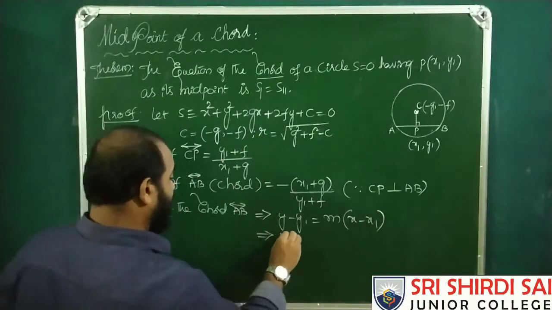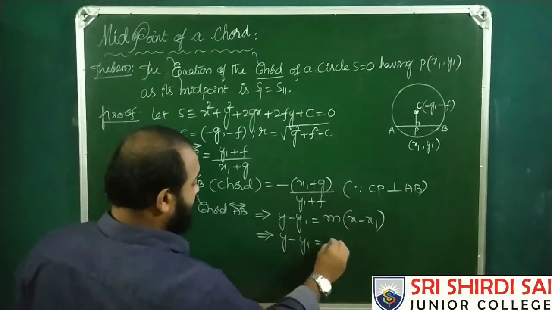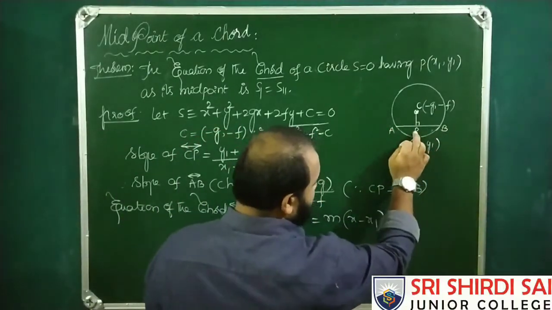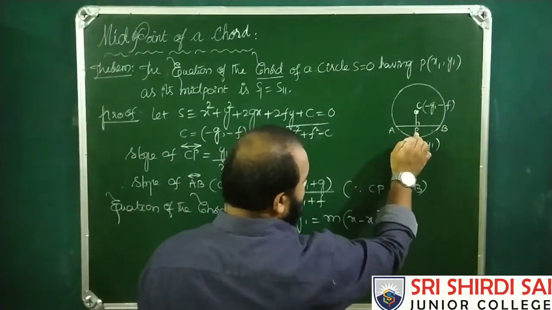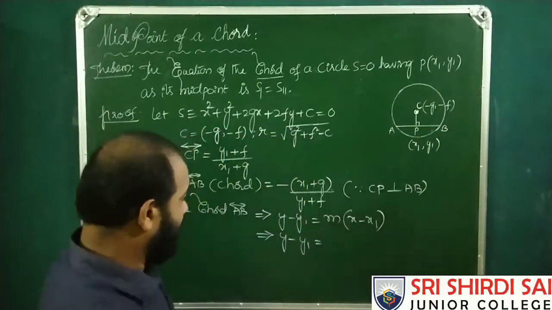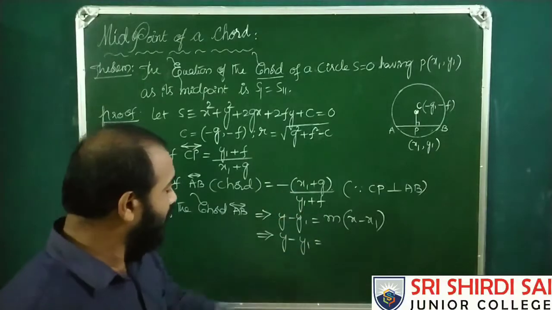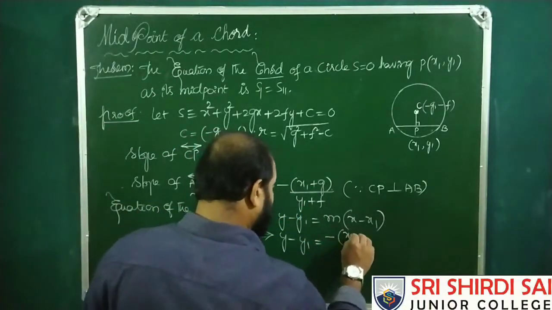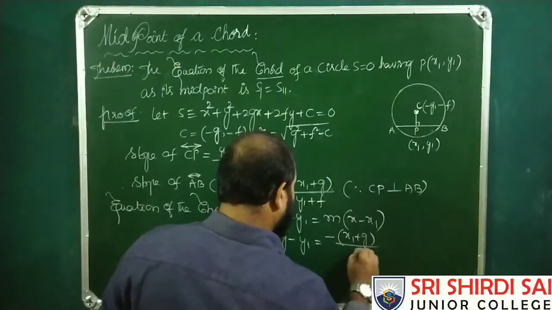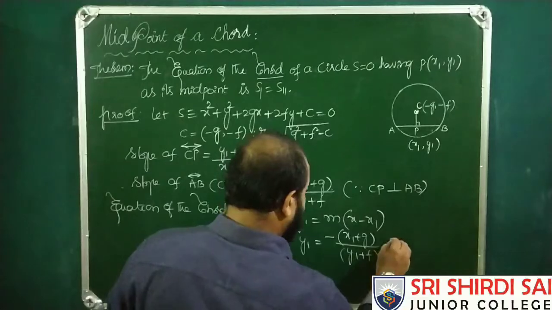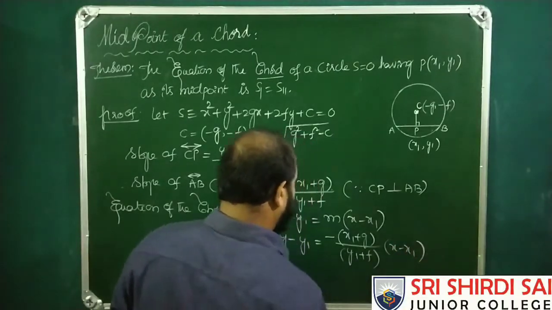So y minus y1 is equal to, because this is the line passing through P, and it is having the slope which is minus of (x1 plus g) by (y1 plus f), into (x minus x1).